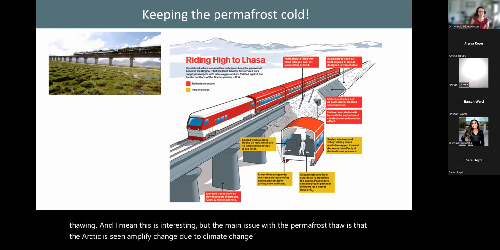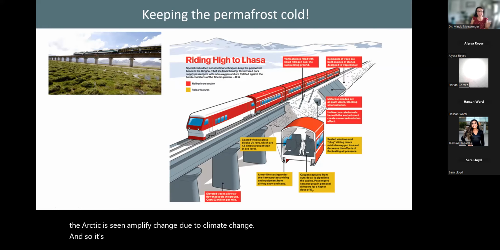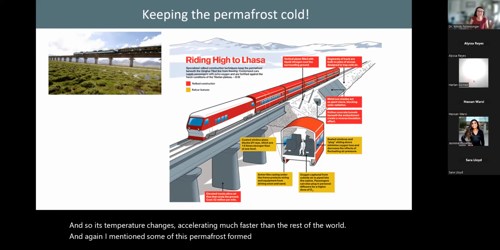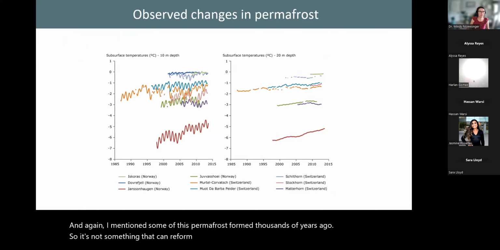And so its temperature change is accelerating much faster than the rest of the world. And again, I mentioned some of this permafrost formed thousands of years ago, so it's not something that can reform instantly.